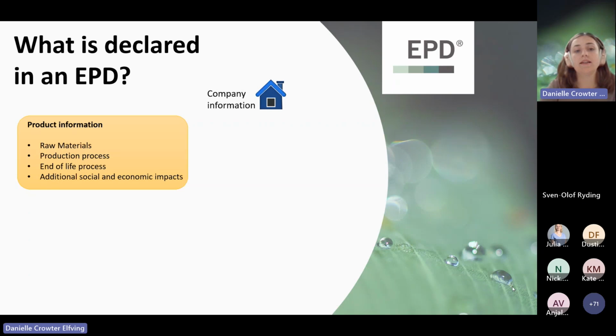Secondly, you want to present the production process, and this includes everything from electricity to transportation methods and so on. Additionally, you will declare the end of life process, which has to do with what scenarios the products get. For example, do they go to landfill or are they recycled, and so on. And then also additional social and economic impacts can also be declared in an EPD.